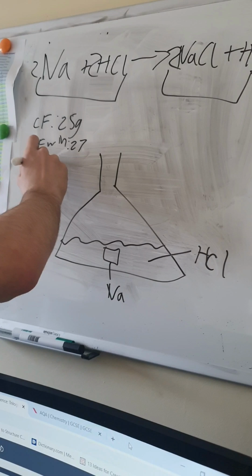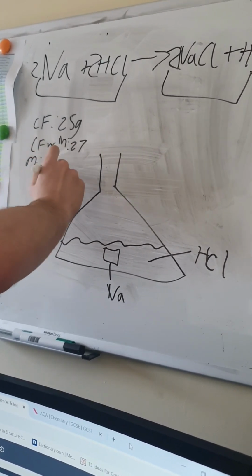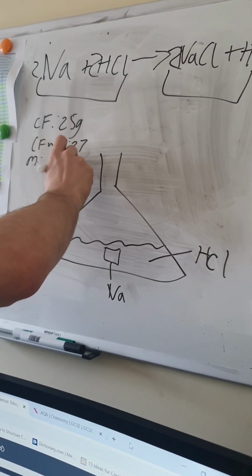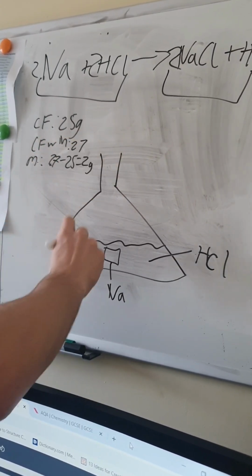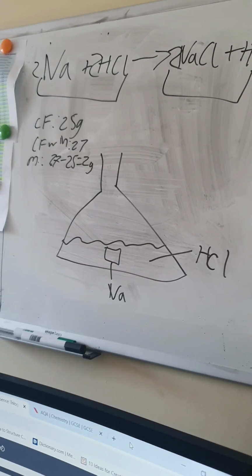This is metal and acid, so it's now 27 take 25, so it's 2 grams. So the sodium and the hydrochloric acid added together is 2 grams total.